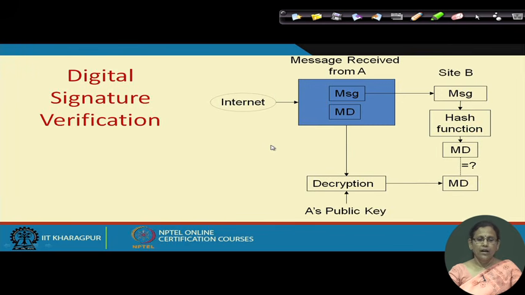Then at the end of B, who is the receiver, two things are received. The first one is the message, the second one is the encrypted message digest. As we have discussed during hashing, this message passes through a hash function to produce the message digest at the receiver's end.